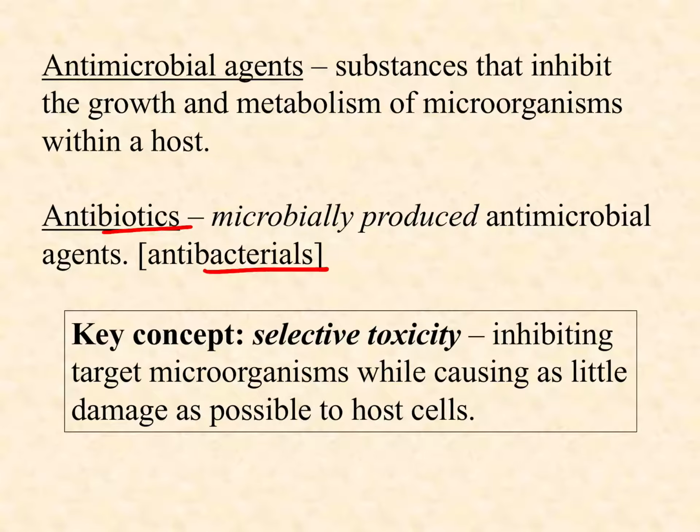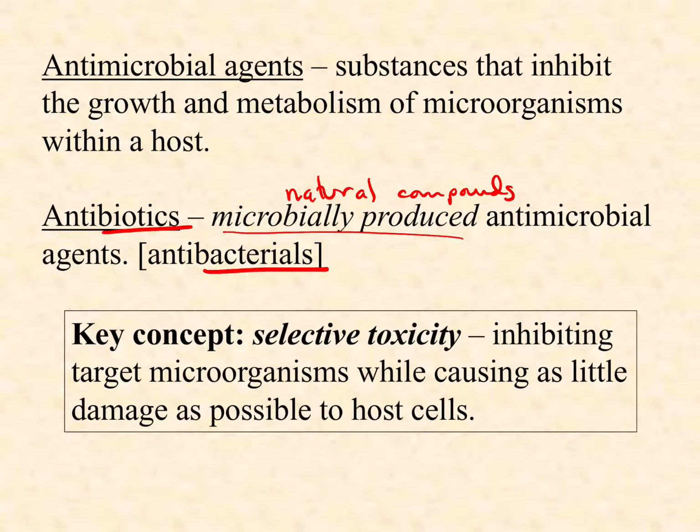In the strictest sense, these are natural compounds that are produced by other microorganisms. When we say antibiotics, technically speaking, these are natural compounds. In reality, we don't typically limit the definition of an antibiotic to just those things that are naturally produced.